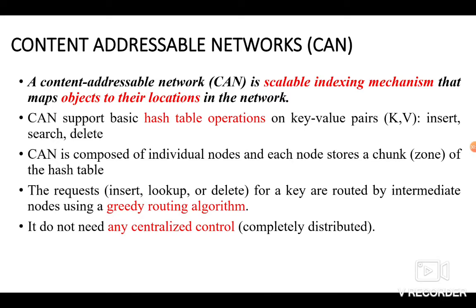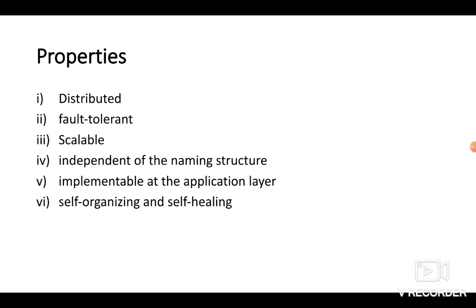CAN supports basic hash table operations like insertion, searching, deletion, etc. CAN is composed of individual nodes, and in each node we store a zone of the hash table. By using the greedy routing algorithm, you can forward the request for a particular key. Here we don't need any centralized control. All the indexes are indexed in a distributed manner.